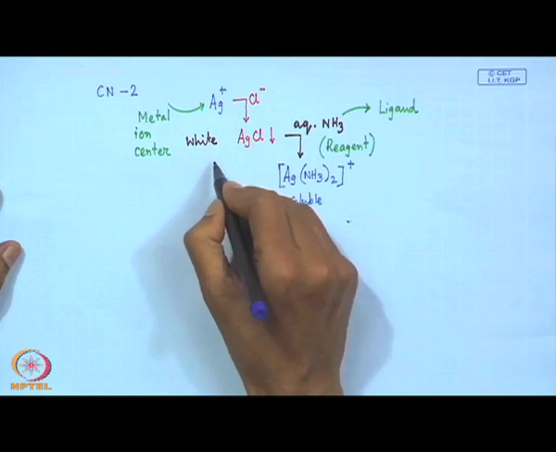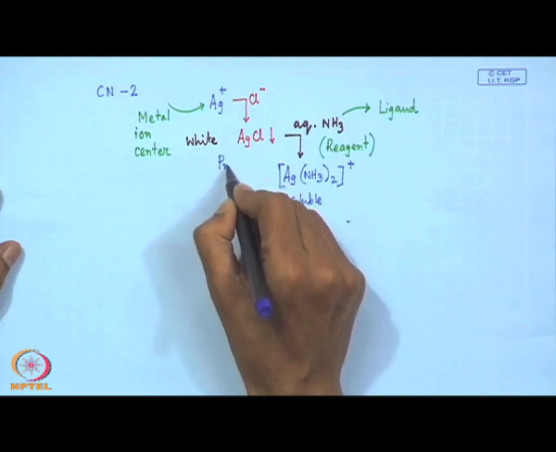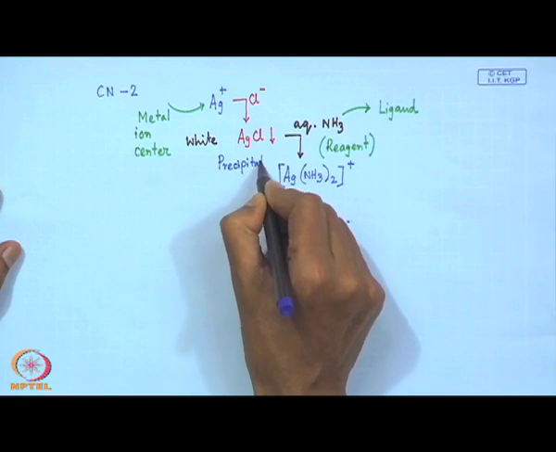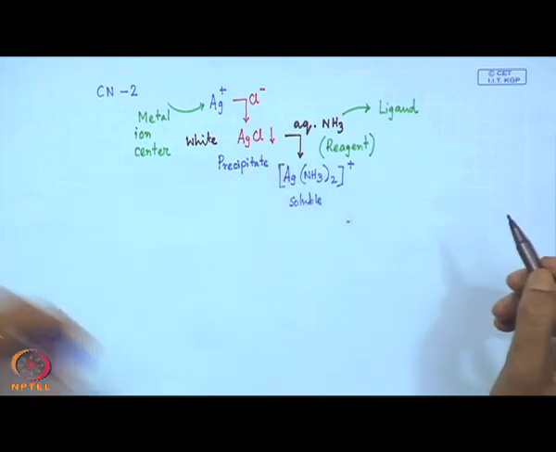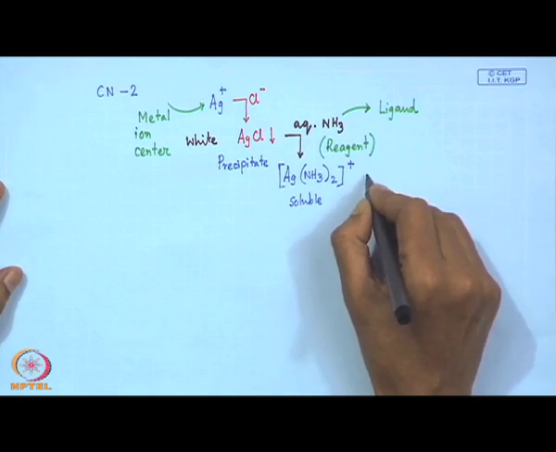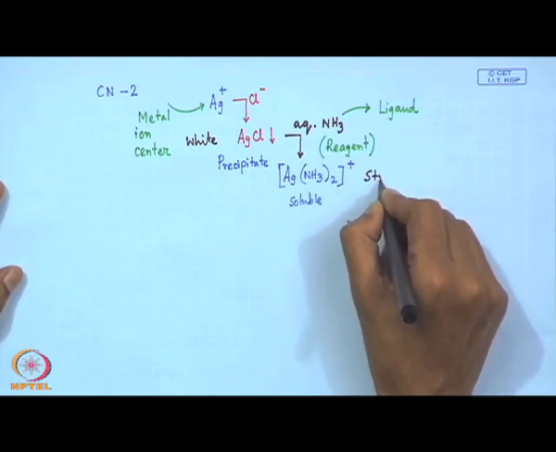So, we have the precipitate solubilizing due to the addition of the ligand ammonia. So, what will be the structure?